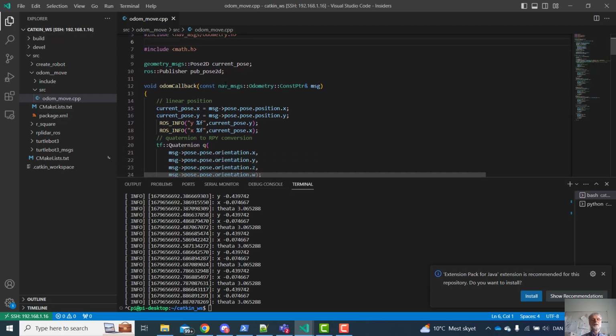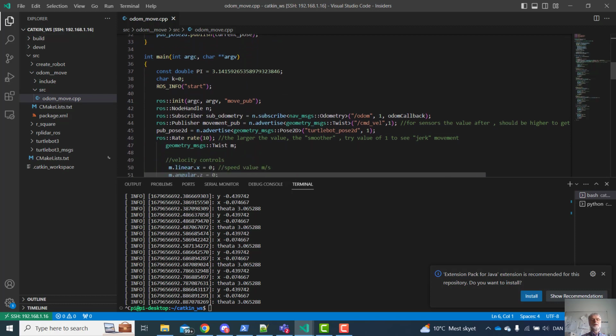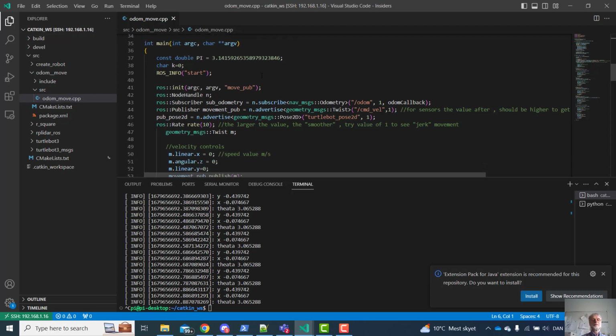Now, if you jump down to the main, the angles are always in radians, therefore they have defined a pi constant, and a very useful printout on the console is ROS info.